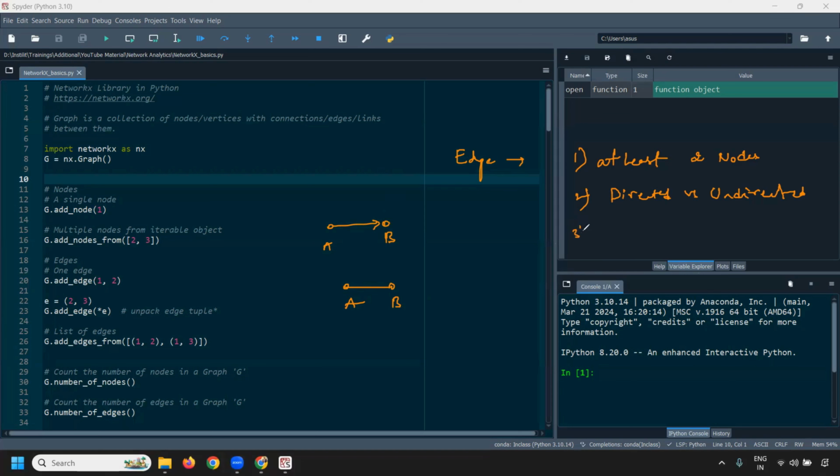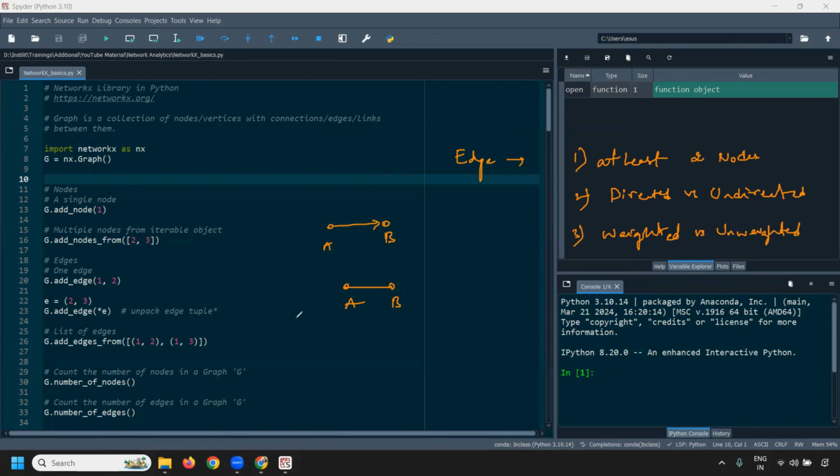The third property is that when we talk about these edges, the edge should have some value. The connections between the entities should have some values. Those values can be represented in numeric formats, which are called weights. So an edge could be a weighted edge or an unweighted edge.